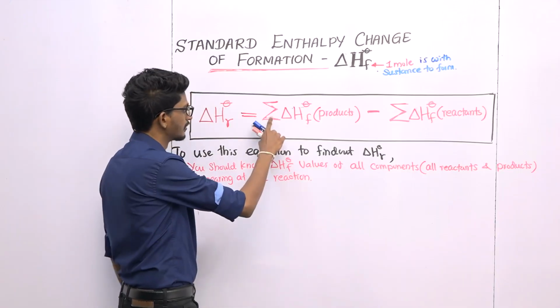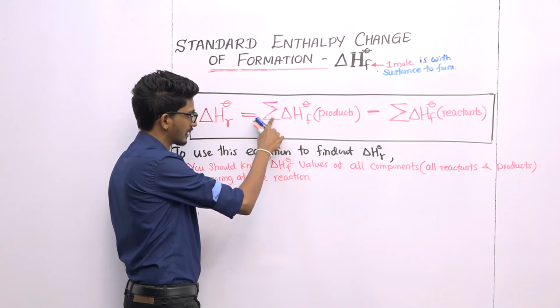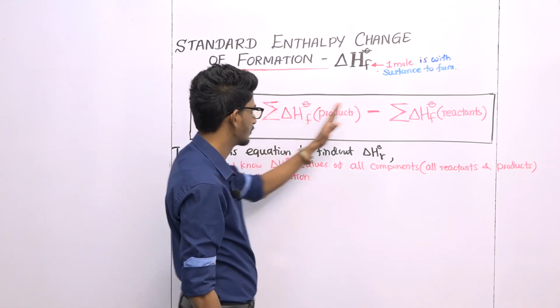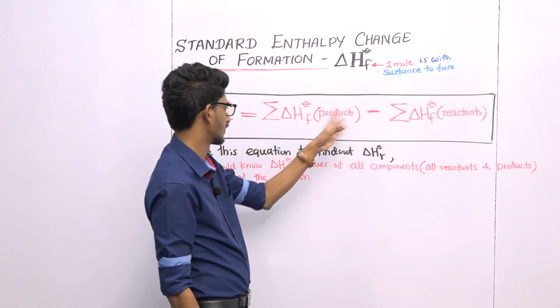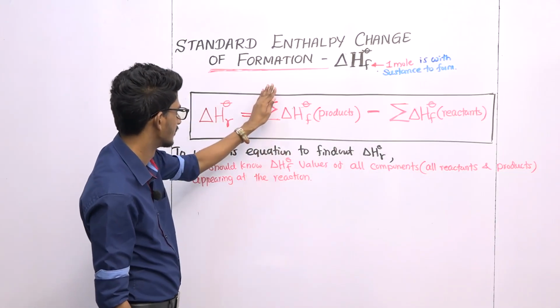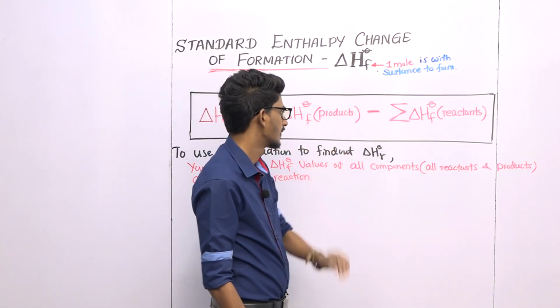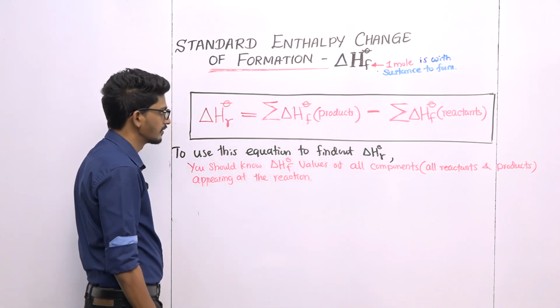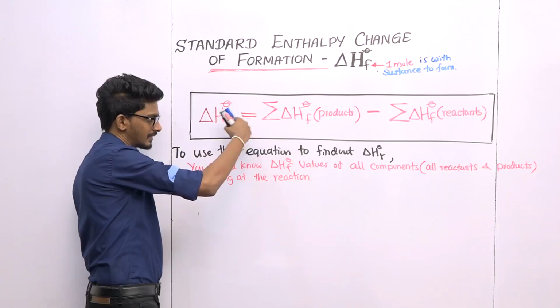If you write the sigma term, that is perfectly correct, but without writing the sigma term you can also represent the relationship. You won't lose marks if the sigma term does not appear in the answer, but with the sigma term that is the perfect answer.